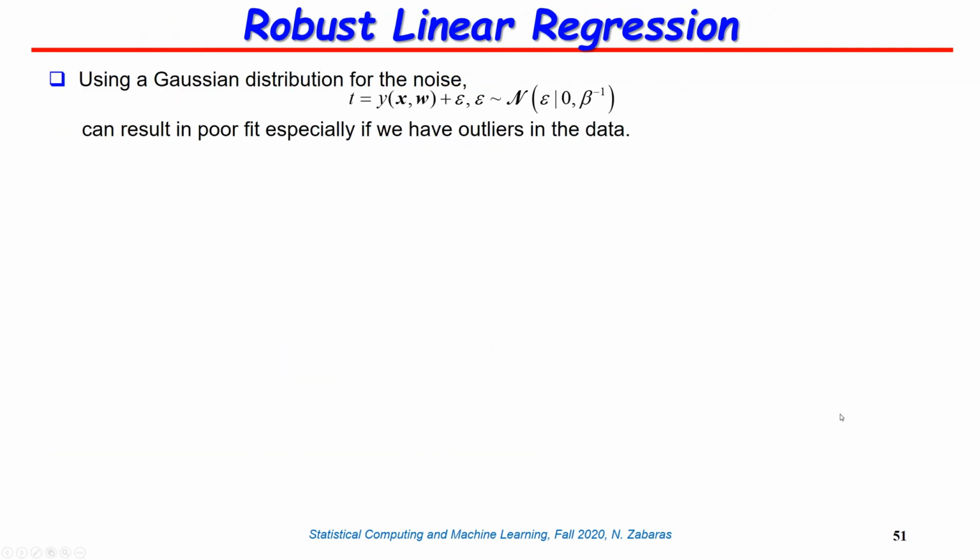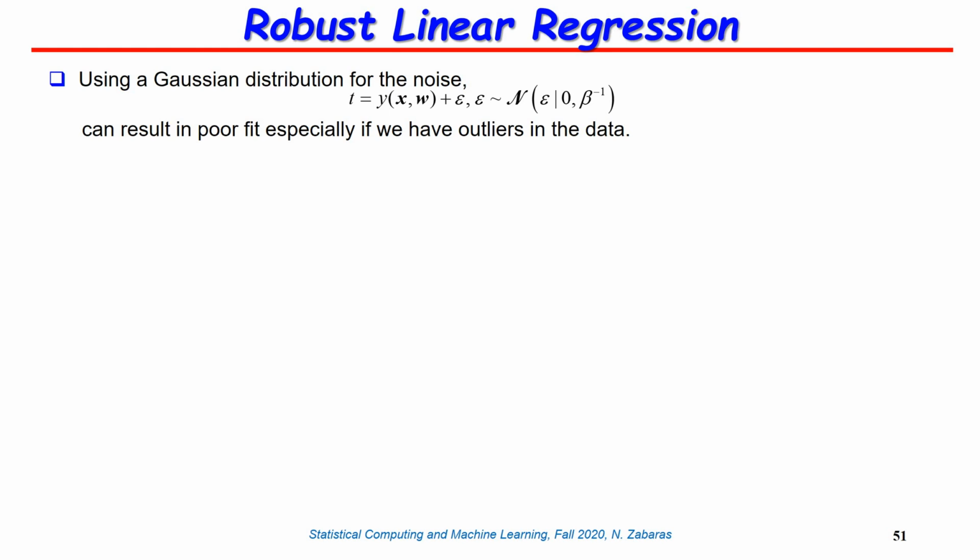Let me discuss a little bit about robustness. If you remember, we use a Gaussian likelihood model, so the error that we minimize is basically quadratic: the target value t_n at my training point n minus the value of my regression function, squared.